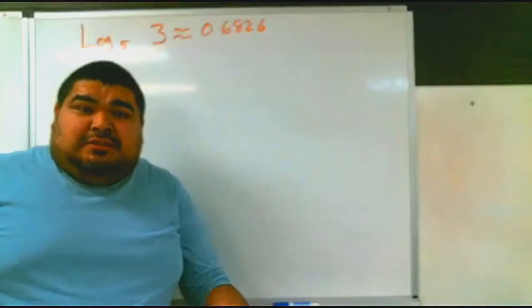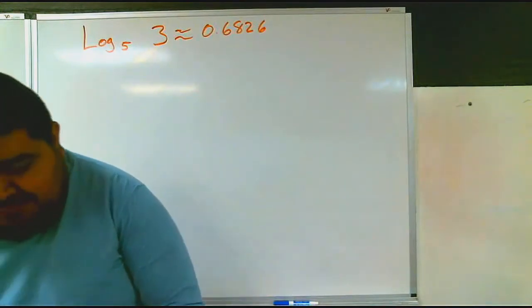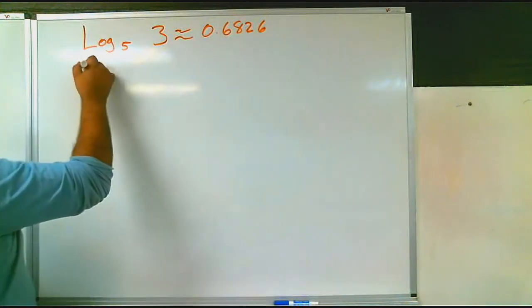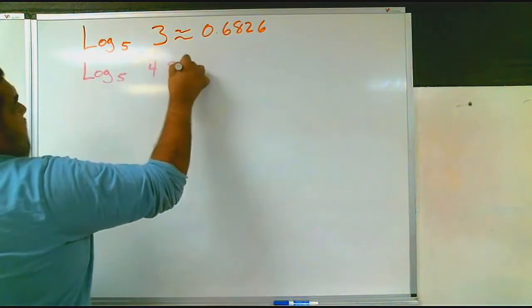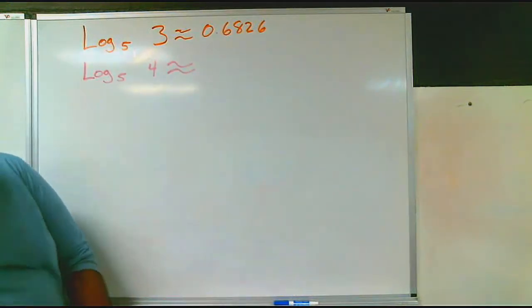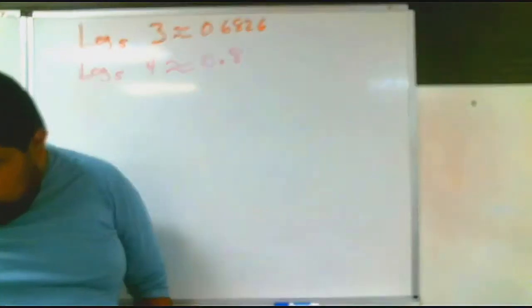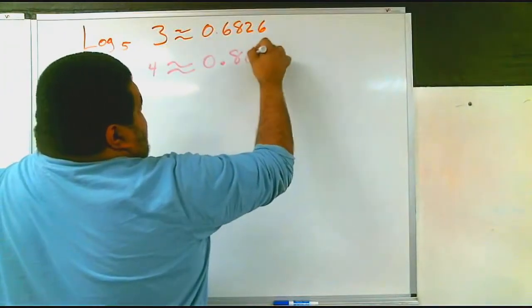It also tells us that log base 5 of 4 is approximately 0.8614.